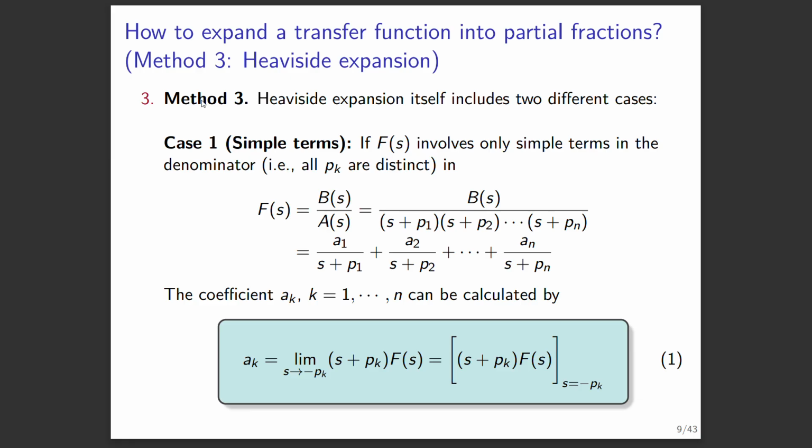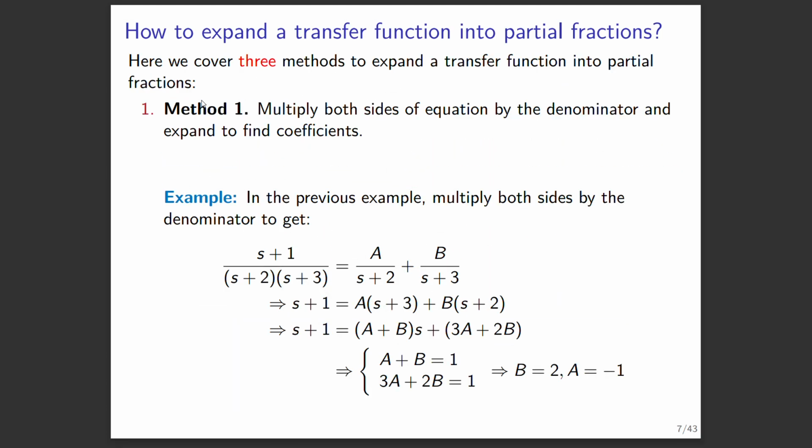Method 3 is more complicated, but the reason why we work with method 3 is because you can use it for more complicated terms. If I want to rely on method 1 and 2, meaning that I want to substitute something for s, or multiply by the denominator, the problem I have is this. Imagine if rather than having two terms in the denominator, I had 5.